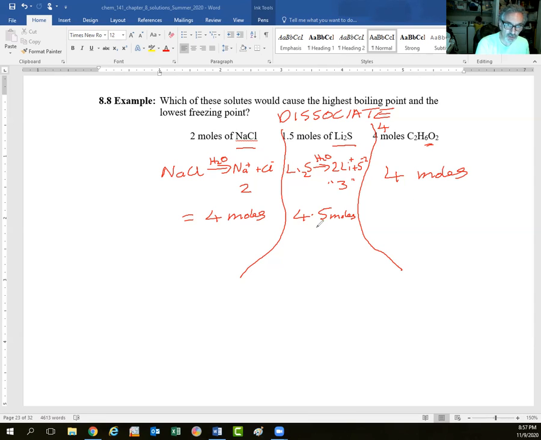So the lithium sulfide, although having initially listed the least number of ions, least moles, because it dissociates in water, that actually gives us the most solute particles. It would therefore have the greatest effect on the freezing temperature of a body of water, and the greatest effect on the boiling temperature of a body of water.